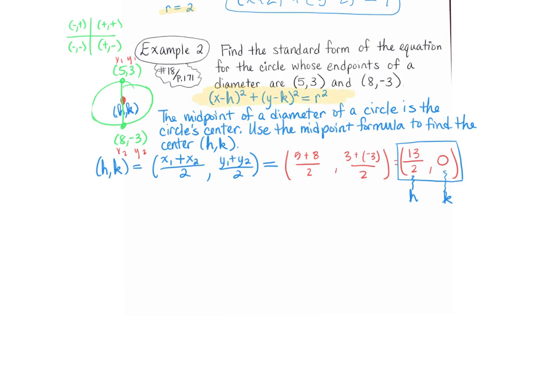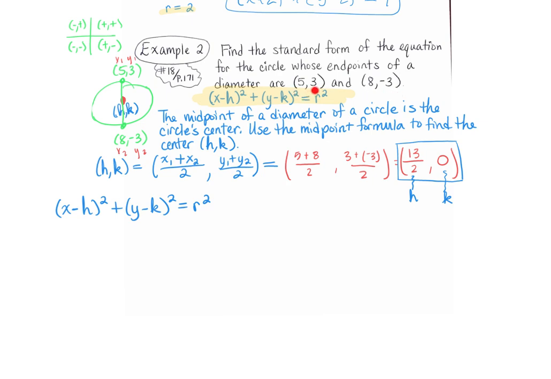Is that the only thing we plug in? So we plug in the radius or one of the points? One of the points, right? Because whenever we plug in h and k and one of the points, that's going to help us find what? The radius, yeah?